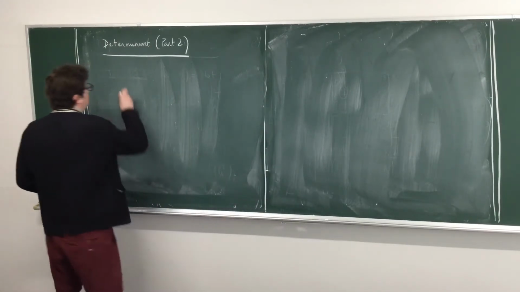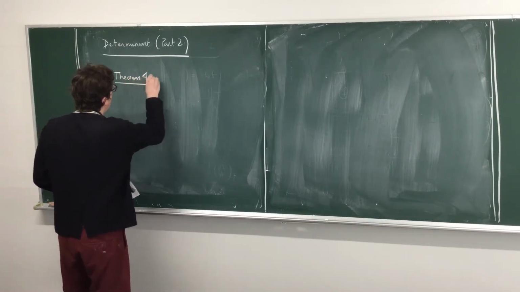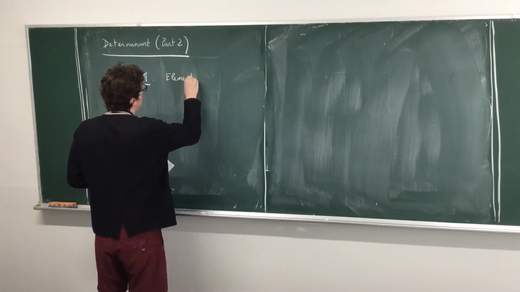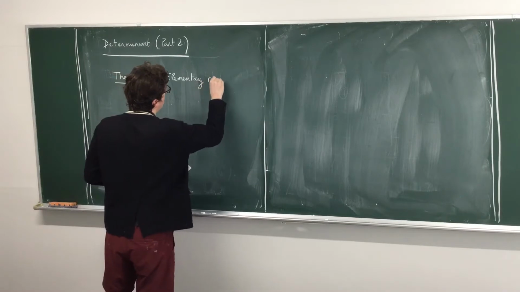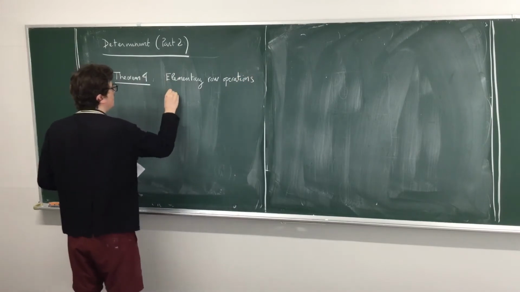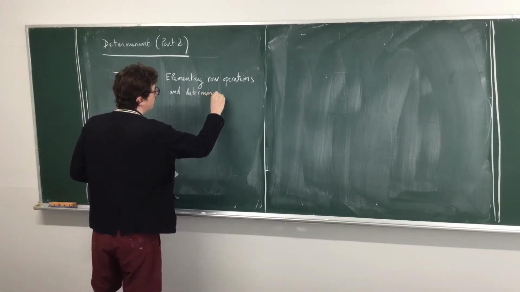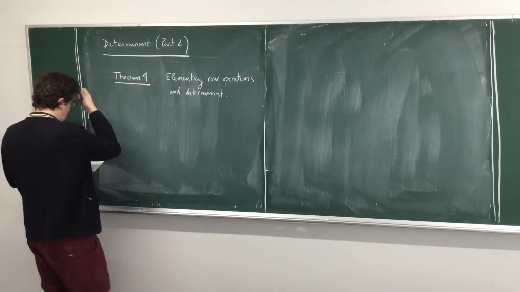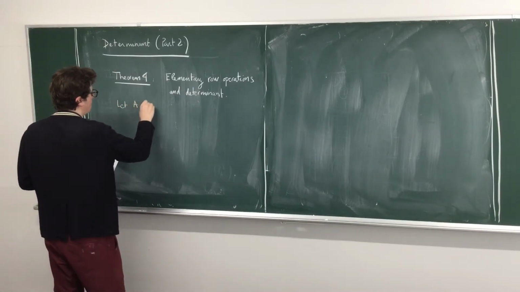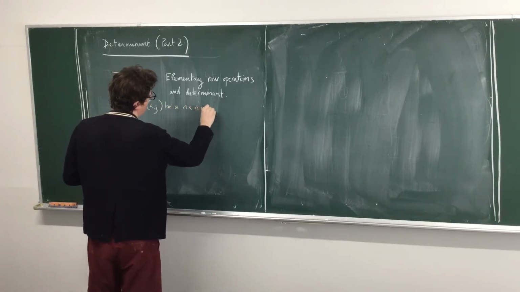Okay, so the theorem, let's call it theorem 4, elementary row operations and determinant. We start with A, an N times N matrix.